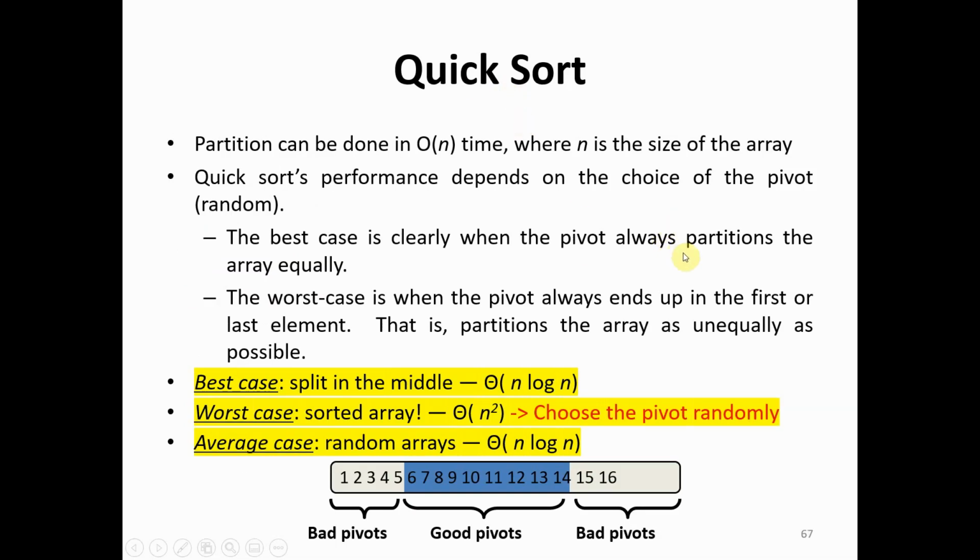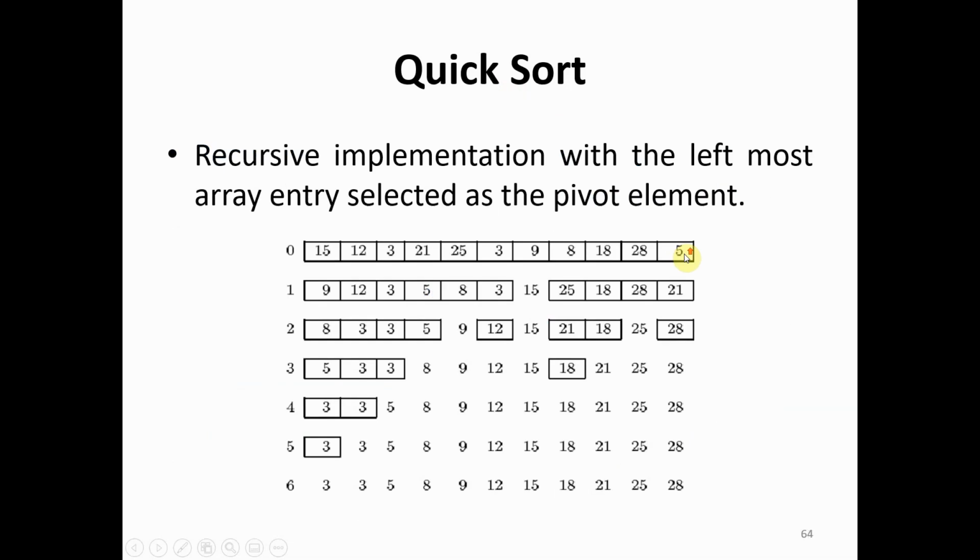One thing that I should mention about quick sort, and one problem that I mentioned here, is that ideally in a divide and conquer algorithm, we want to divide this array into two same size subarrays. But depending on the configuration of the array, this might not happen. So you can try that.